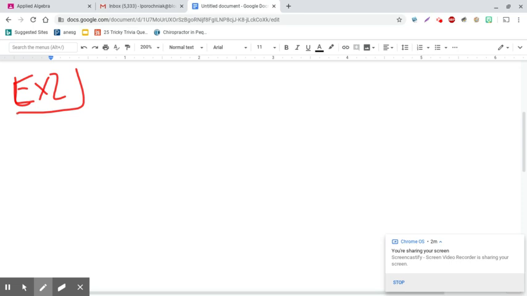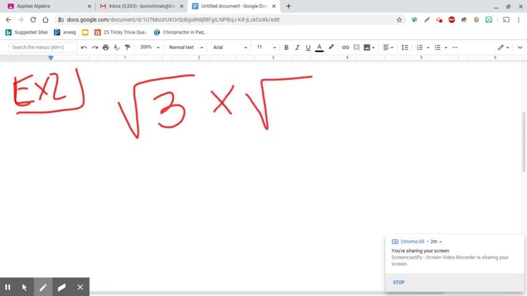Okay, so let's do radical 3 times radical 6. All right, guys, what's 3 times 6? 18. So we're going to do the prime factorization of 18.